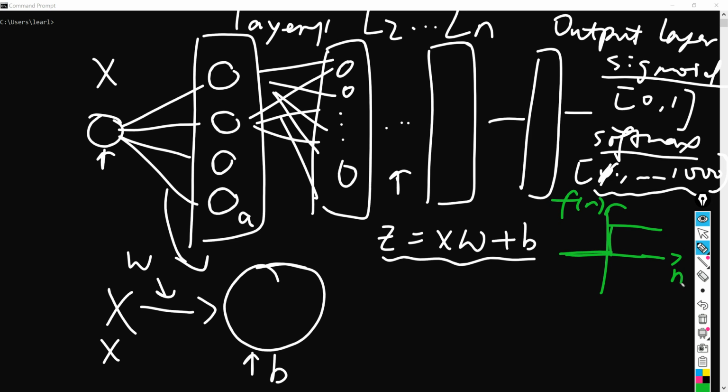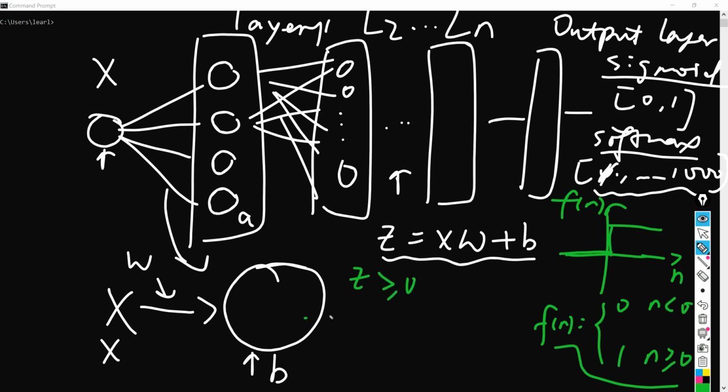When n is smaller than 0, then f(n) is 0. In other cases, when n equals or is greater than 0, then f(n) is 1. And here is the same case. If z is greater than or equal to 0, then the output will be 1. If z is smaller than 0, then the output will be 0.